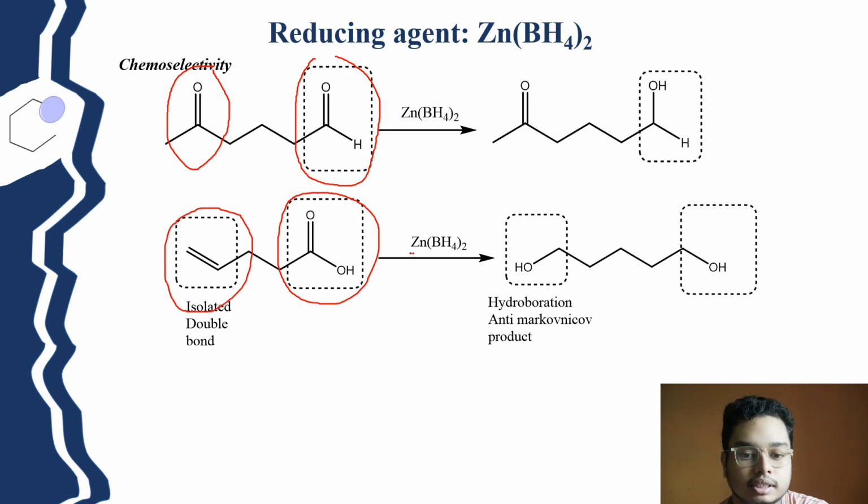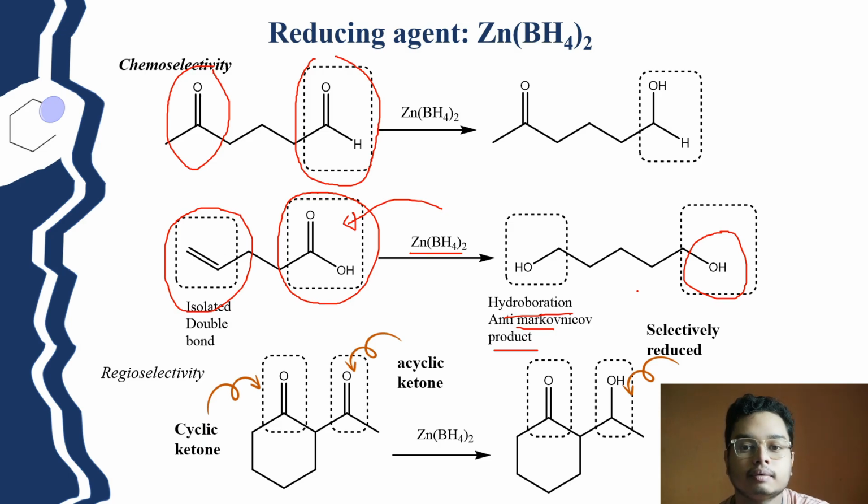In the presence of zinc borohydride, it can reduce both. It will go via hydride transfer to form this type of primary alcohol, whereas at this isolated double bond hydroboration takes place, with anti-Markovnikov addition, to give this type of compound.